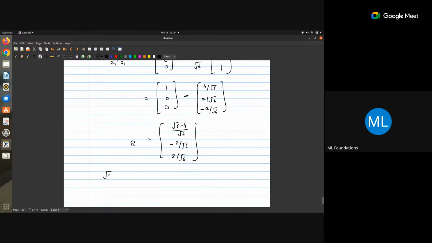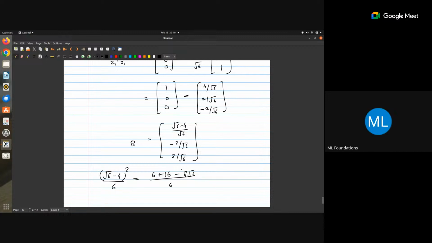Root 6 minus 4, squared, by 6. This first quantity is of the form (A minus B) squared. So 6 plus 16 minus 8 root 6, by 6.